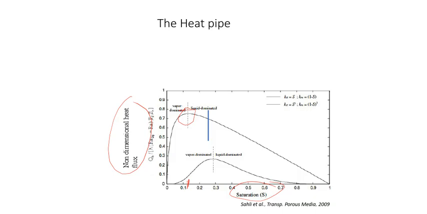Above this saturation value, the system is predominantly liquid. It's liquid dominated. Below this saturation value, the system is predominantly gaseous. This is a vapor dominated system.